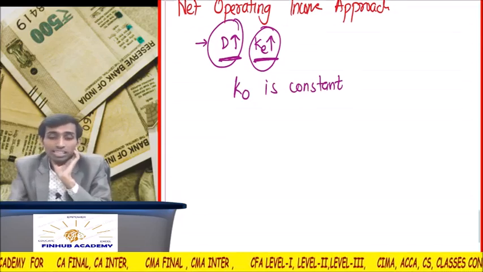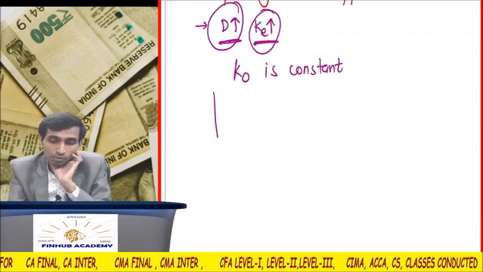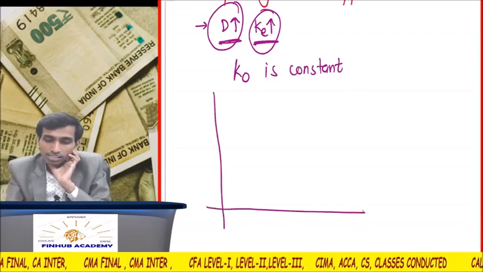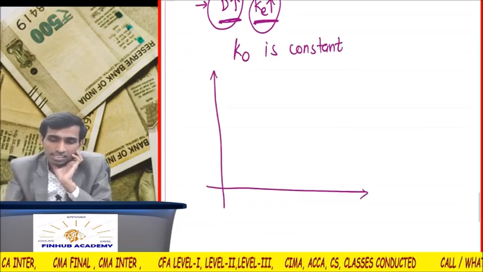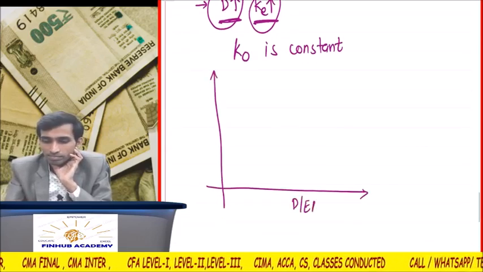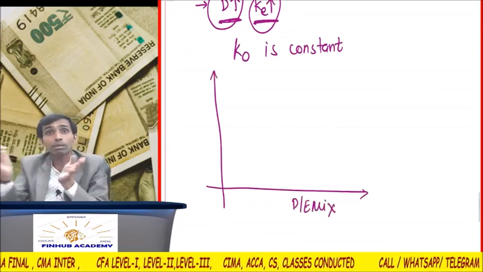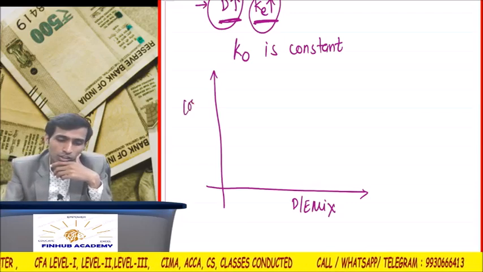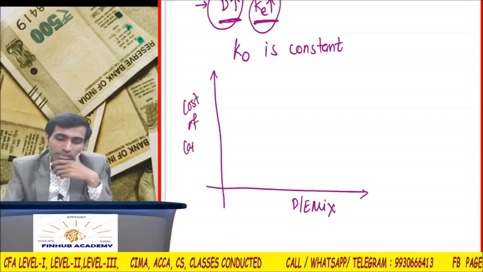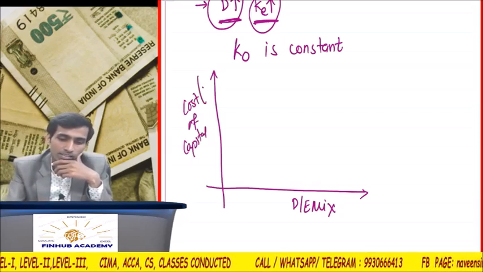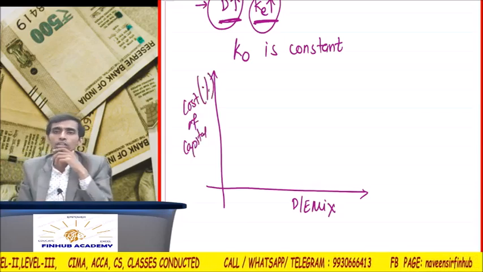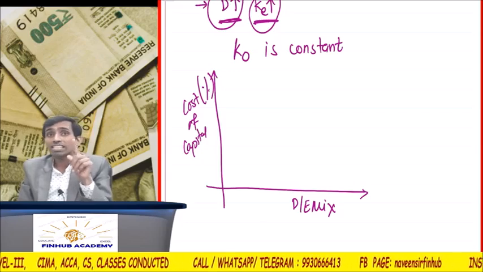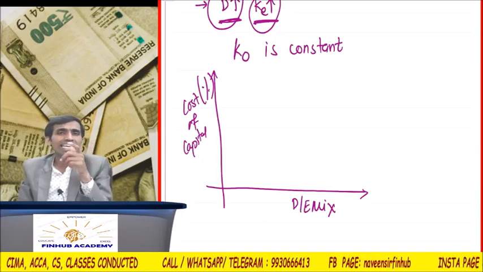How will the graph look? Here is the debt equity mix, different proportions of debt and equity. And here is the cost of capital in percentage. Cost of capital, KD, KE and all are measured. Will the KD change?